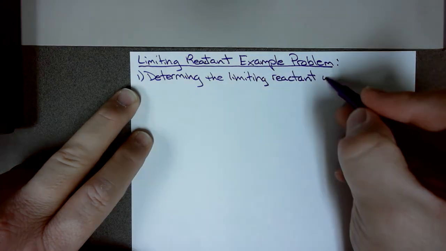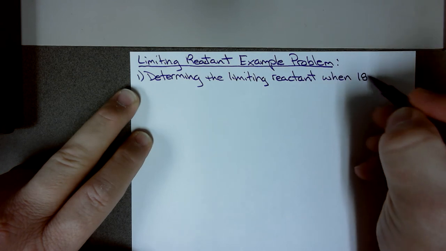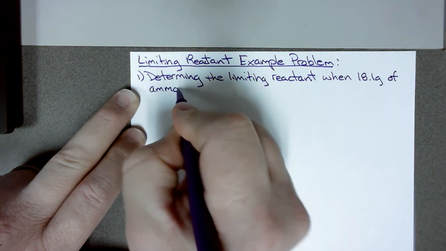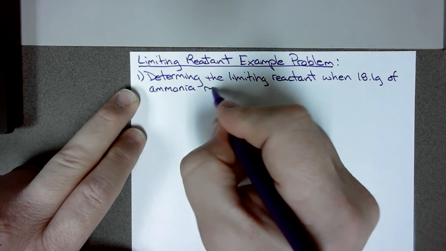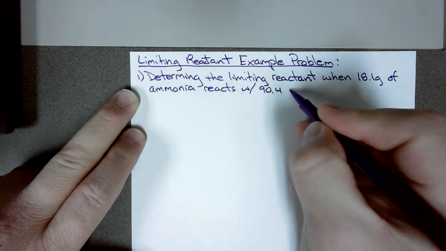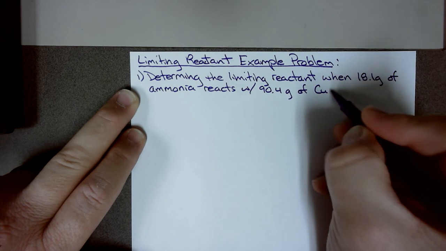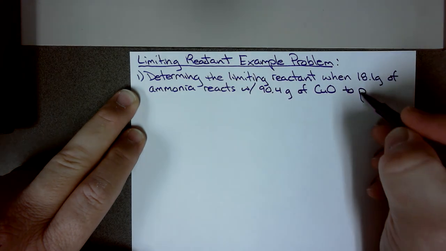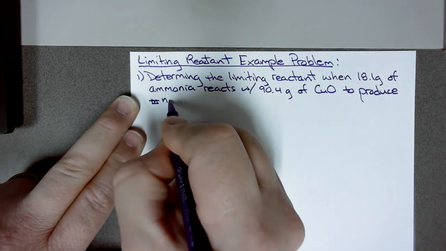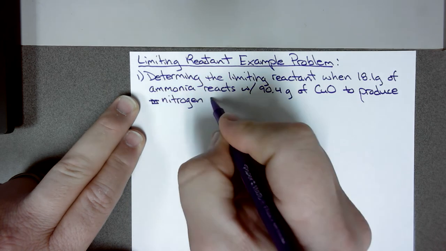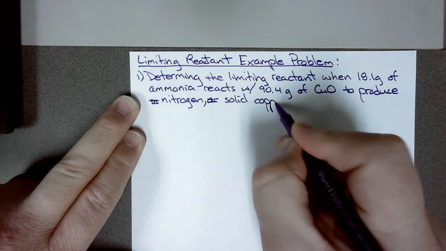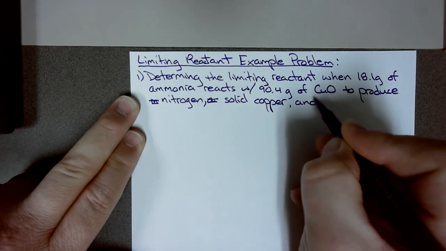When 18.1 grams of ammonia reacts with 90.4 grams of copper 2 oxide to produce nitrogen gas, solid copper, and water vapor.